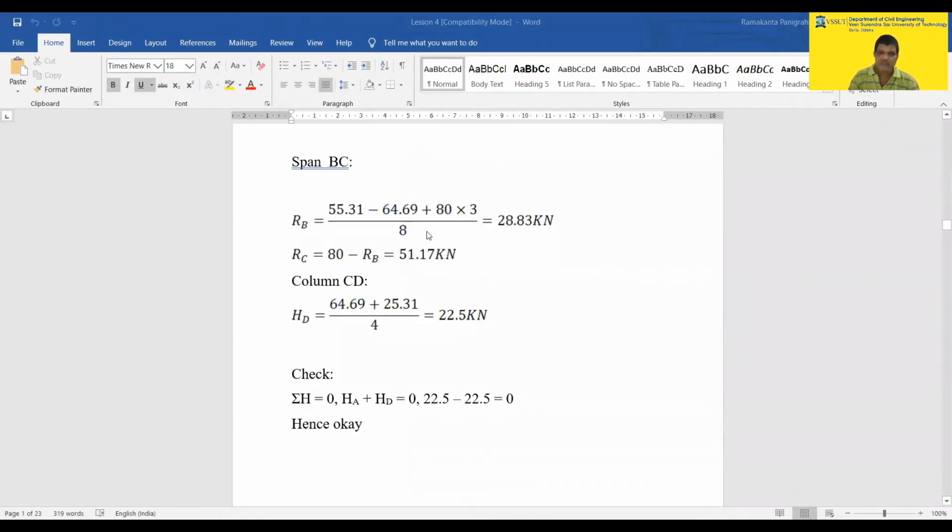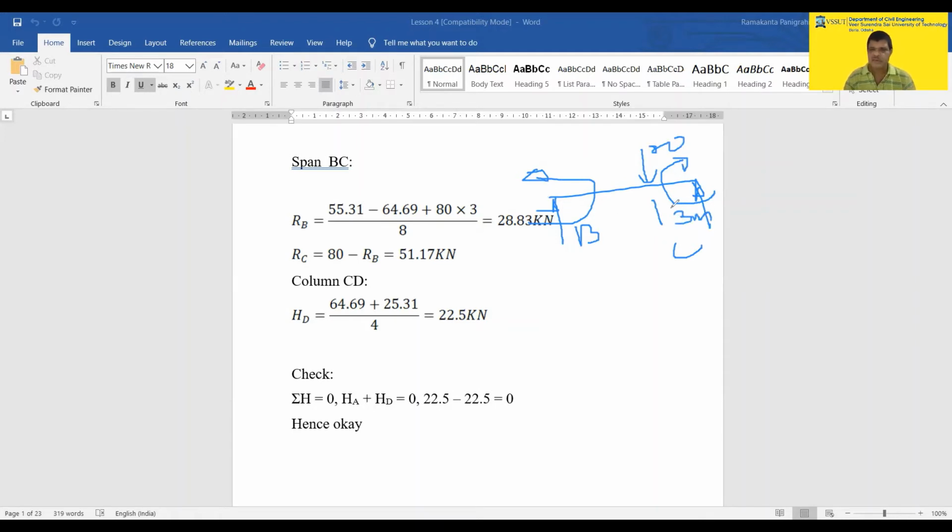Now, similarly, let us come to span BC. This is B, this is C. This moment is acting anti-clockwise, and here it is acting clockwise, and there is a load here, 80 kilonewton, at a distance of 3 meter from this side.